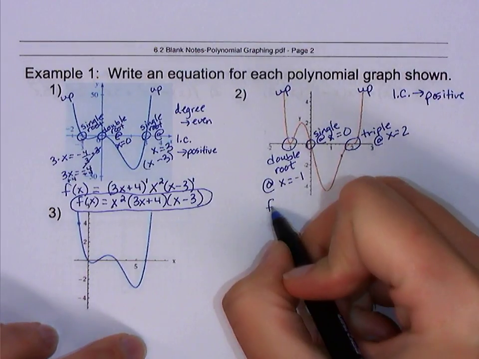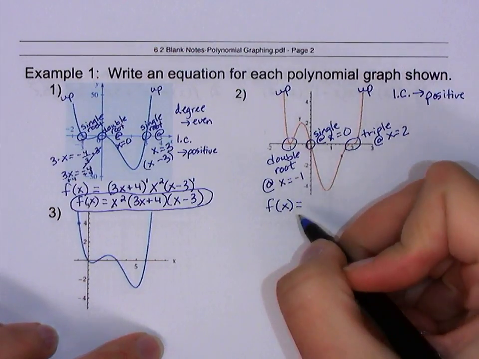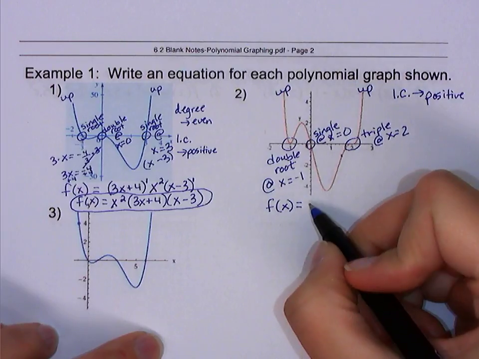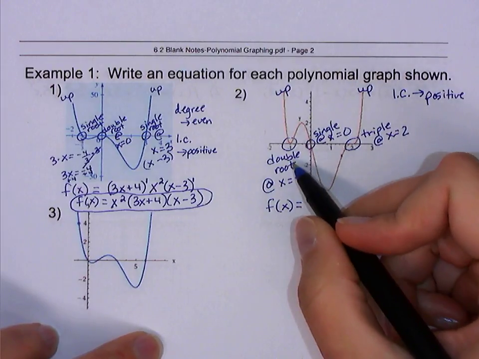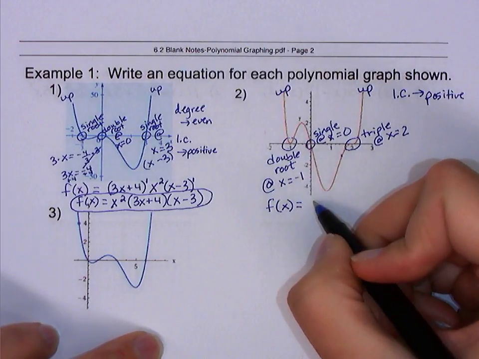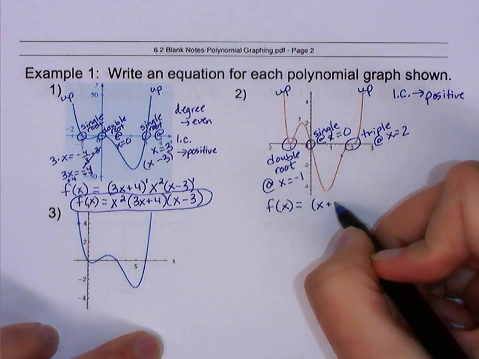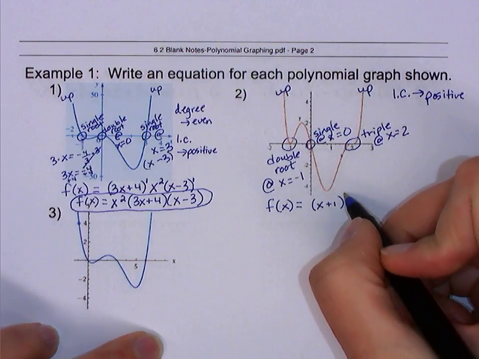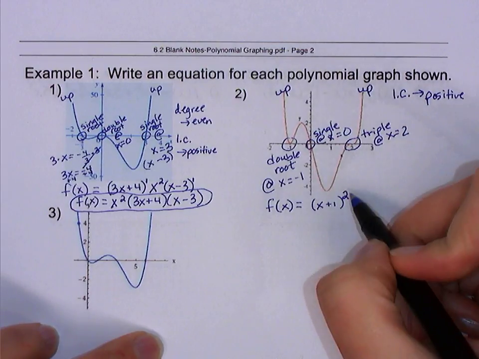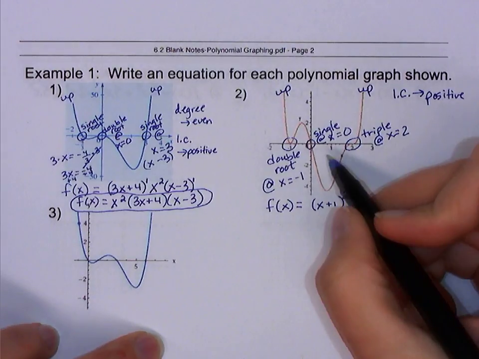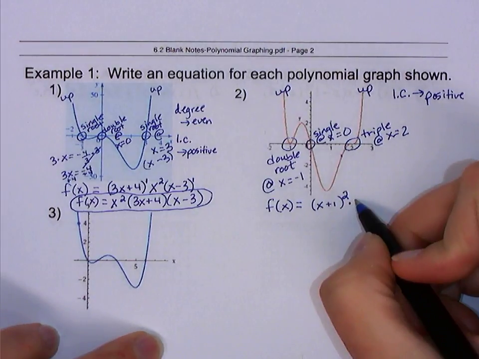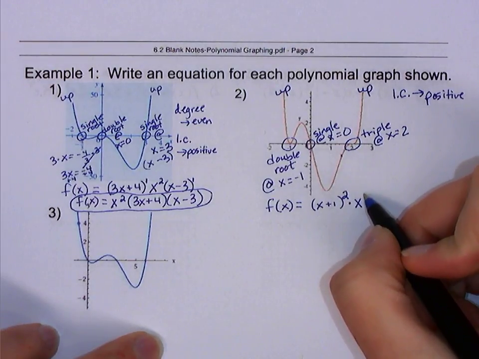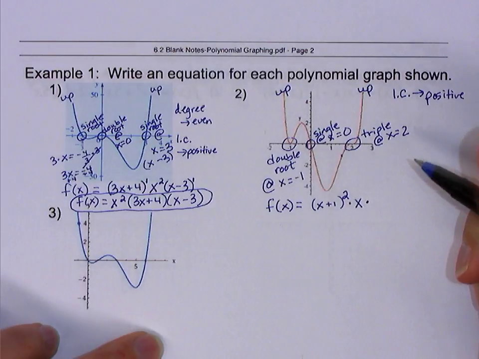So then it's pretty easy to get your general function. You want positive out front. You have a double root at x equals -1. So add that 1 back over. It's a double, so square it. You have a single at 0, so x to the first, you don't need to put a 1 there.